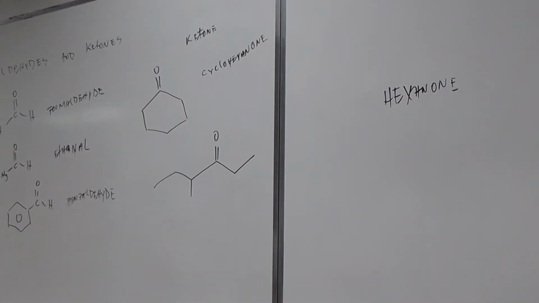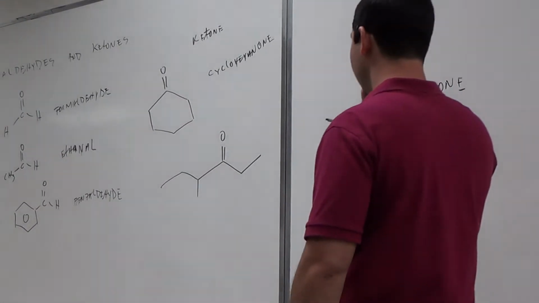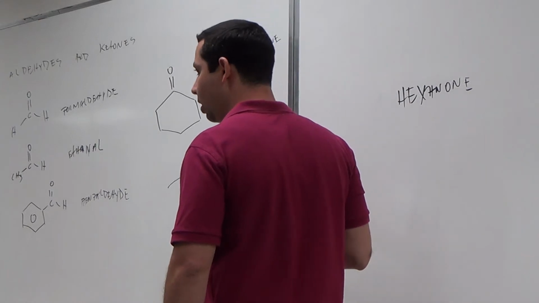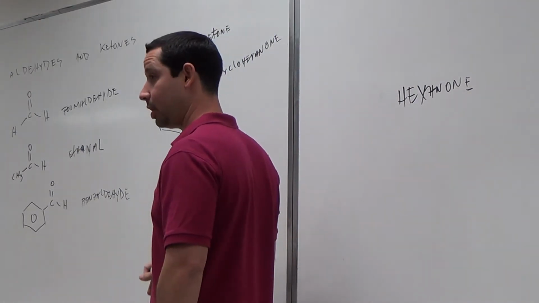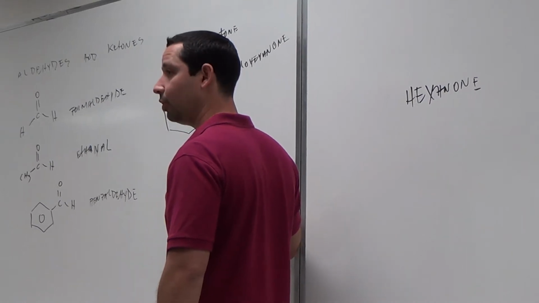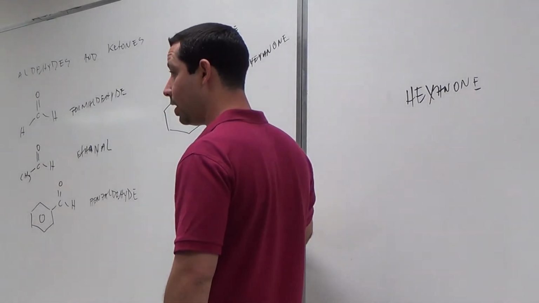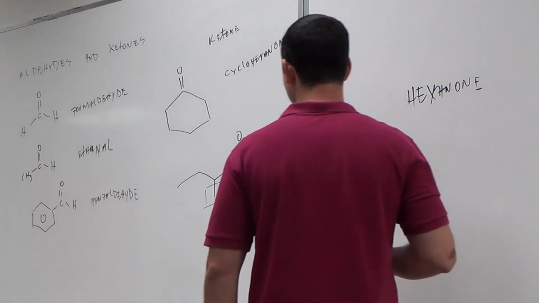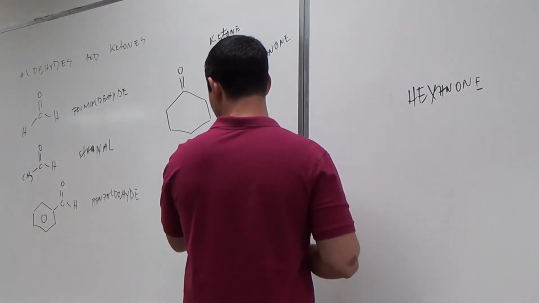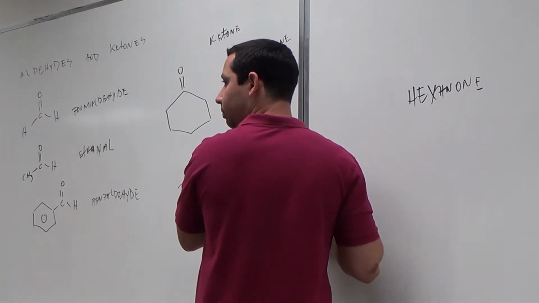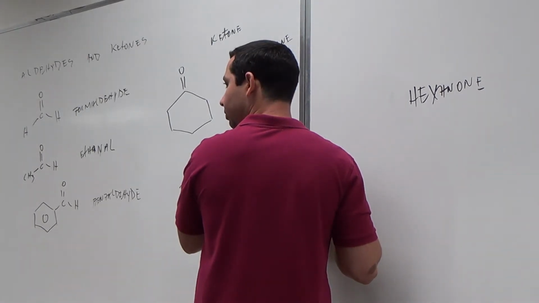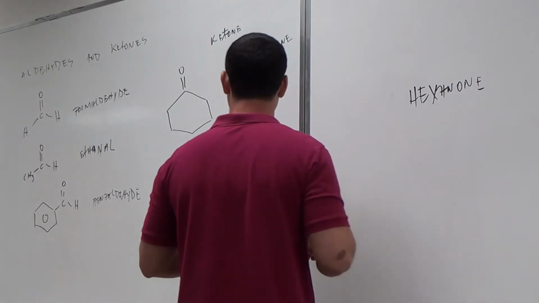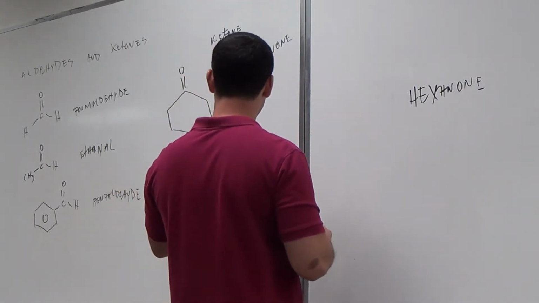Okay, hexanone. You have to say where the substitutions are. Here's one substitution, and there is the other substitution. You have to say where the ketone is. The smallest number goes to the carbonyl, so 1, 2, 3.